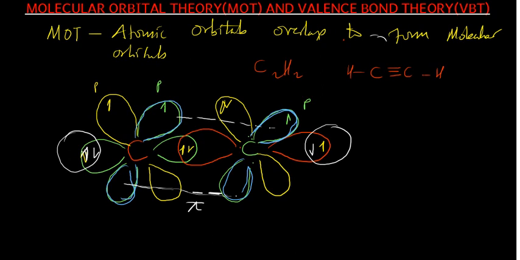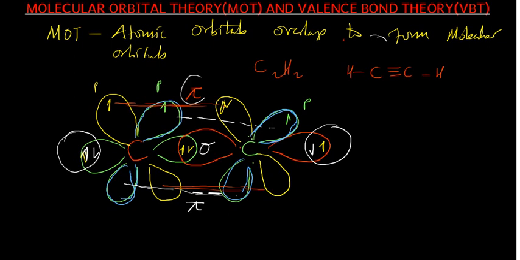And then these yellow ones you can see also are going to overlap on top and down. On top here they are going to overlap in that manner. Also down they are going to overlap. So the other overlapping is what forms another pi bond. Now this bond which has been formed is not an overlap of that kind, it is a direct bond. So that bond is a sigma bond. So this is what leads to a triple bond.